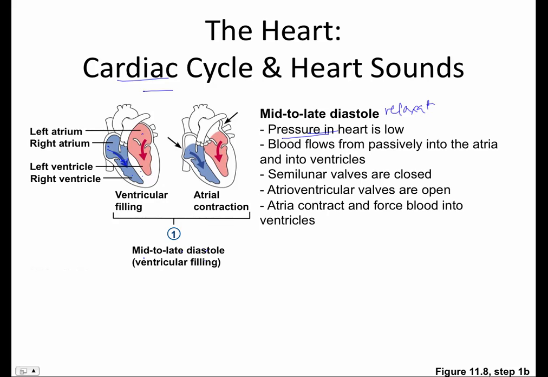At the end of this, remember, our SA node is going to send that signal down to our AV node, and our atria are going to contract. So when our atria contract, we're going to force that blood into our ventricles.